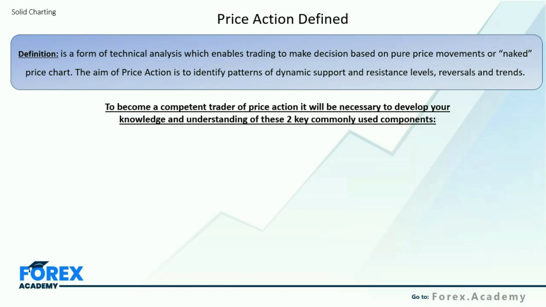And of course, then there's the variances of both types, those that use indicators and a very clear understanding of price action as well. So to become a competent trader of price action, it will be necessary to develop your knowledge and understanding of these two key commonly used components of price action. And the first one is an understanding of Japanese candlesticks.